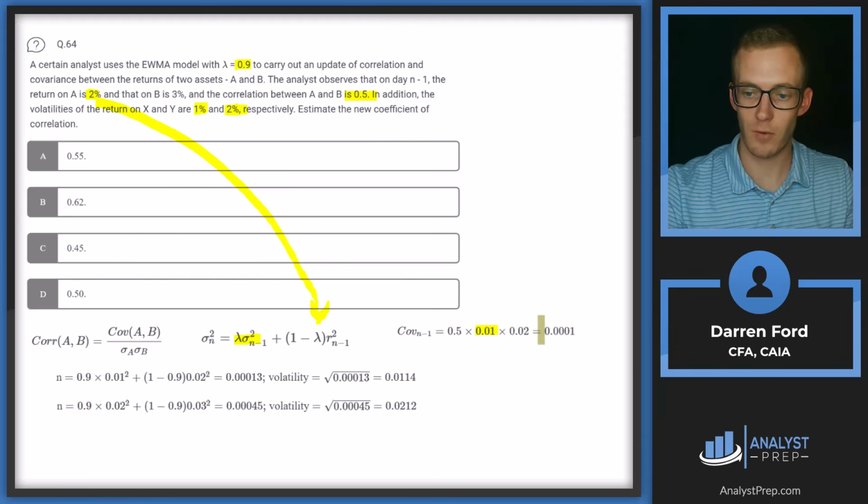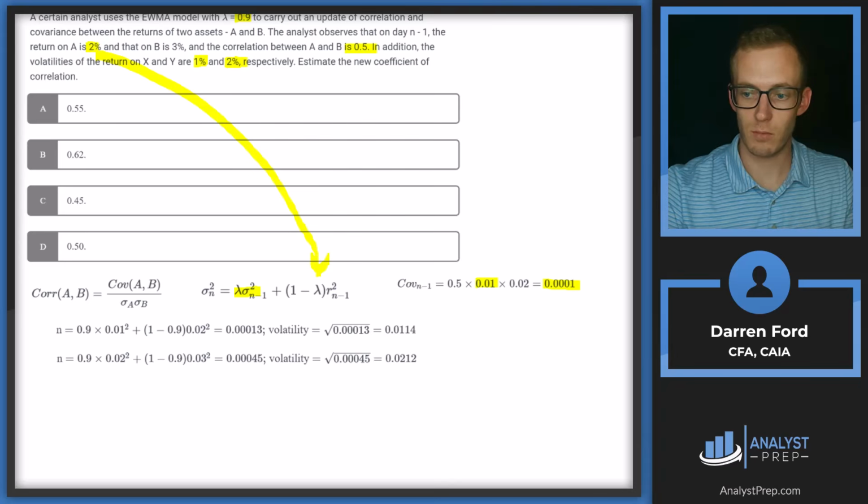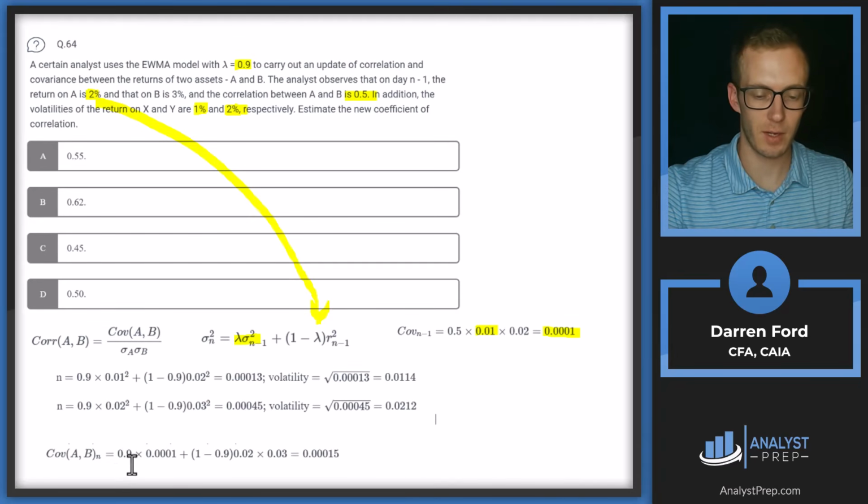So our current covariance will be 0.0001, and that's going to be used in calculating this new covariance, which is going to be that lambda figure multiplied by 0.0001 plus 1 minus 0.9 multiplied by 0.02, and then all that multiplied by 0.03, which gives us 0.00015.